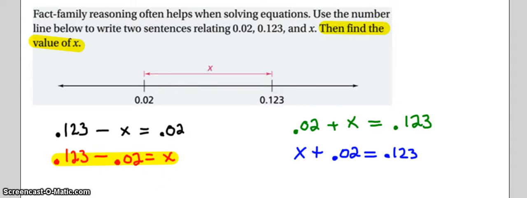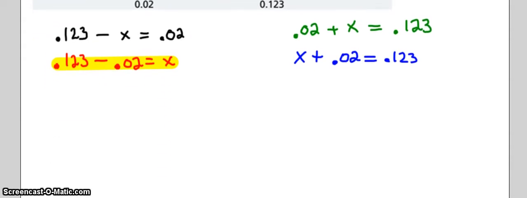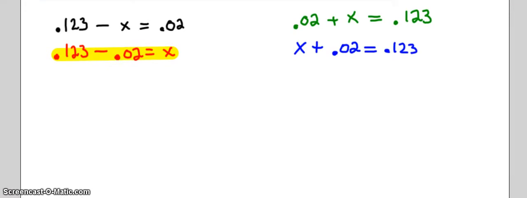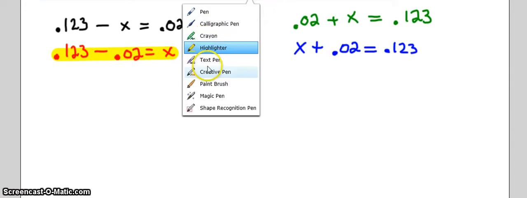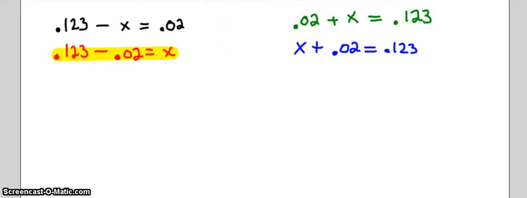So we're going to scroll down just a little farther and we are going to use that to find the value of x. So I'm going to scroll down here and we're going to rewrite that equation. But instead of rewriting it as a horizontal equation, we are going to write it vertically so that we can subtract it. So 123 thousandths minus 0.02.